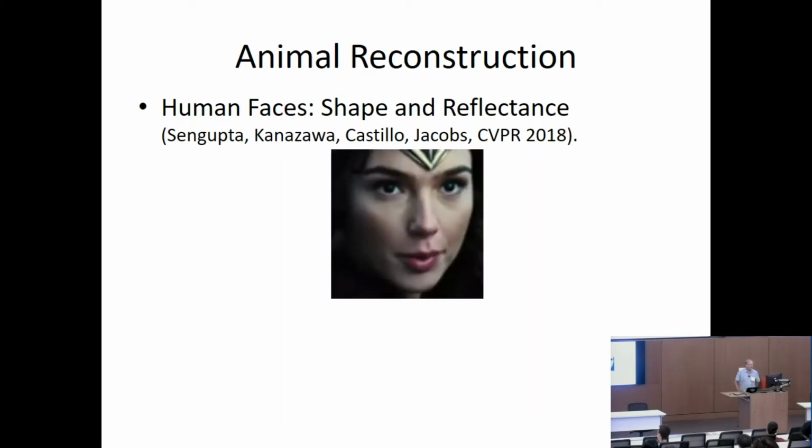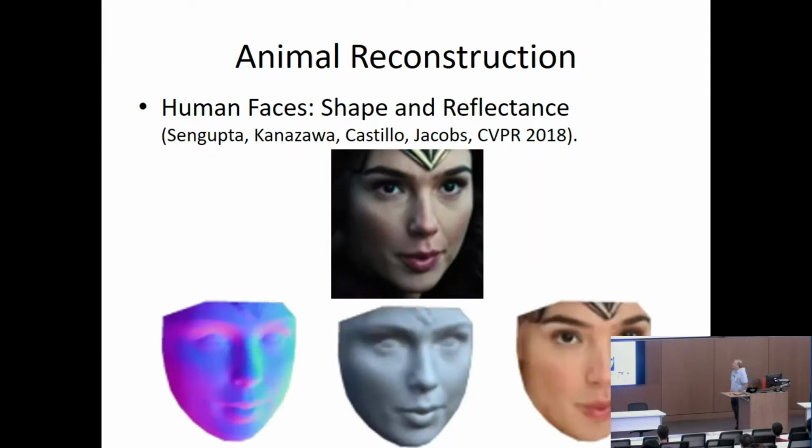Here's an example from a recent piece of work where we want to take a picture of somebody's face and we train a deep neural network to do a reconstruction that includes the albedo, the way the skin reflects light, the surface normals, and also the lighting.